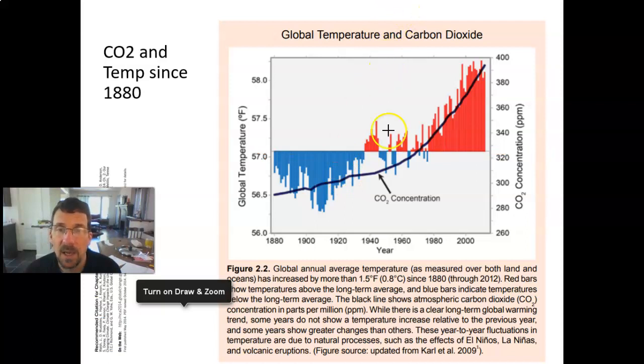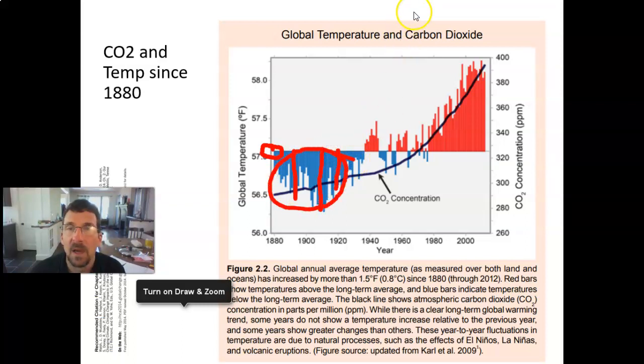In that case, any time where temperatures were below 57.1, looks like 57.1 reading the axis here, anytime temperatures were below that level, they're going to show up as bars that drop down, and they've color coded them blue, meaning that they're cooler years. That's what all these lines are that I'm indicating down here.